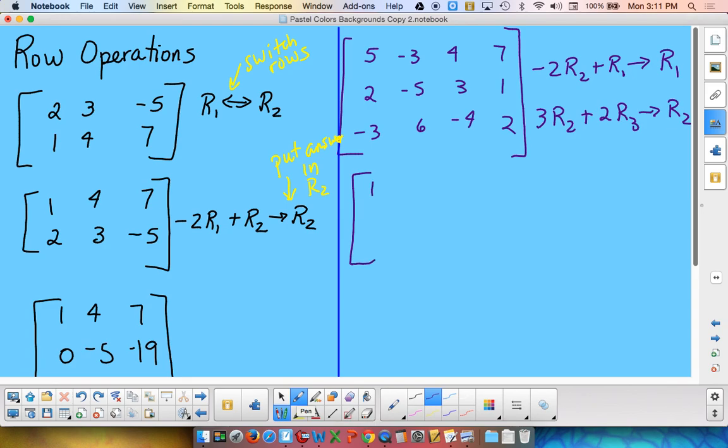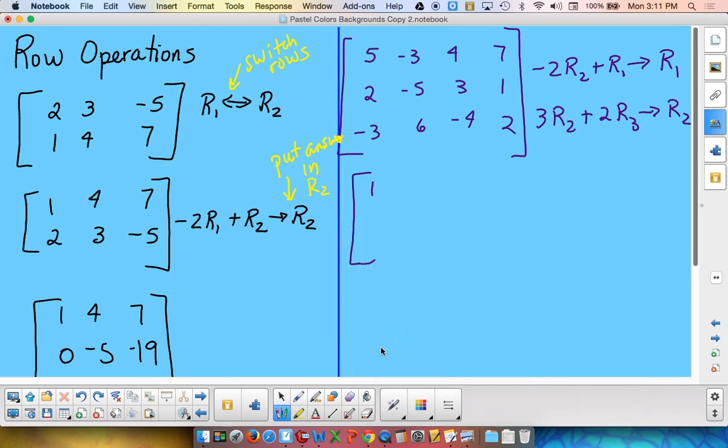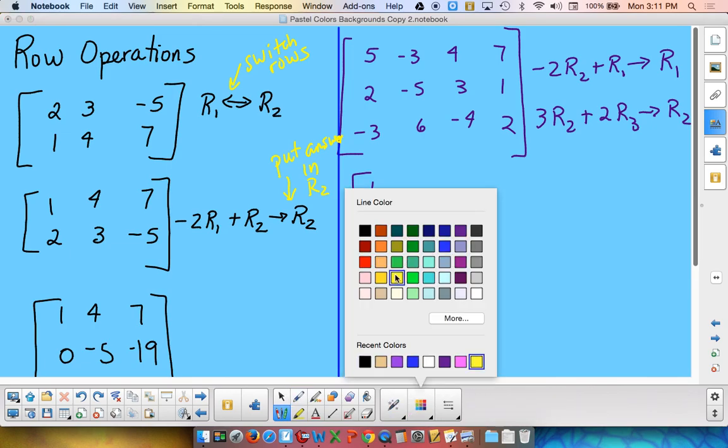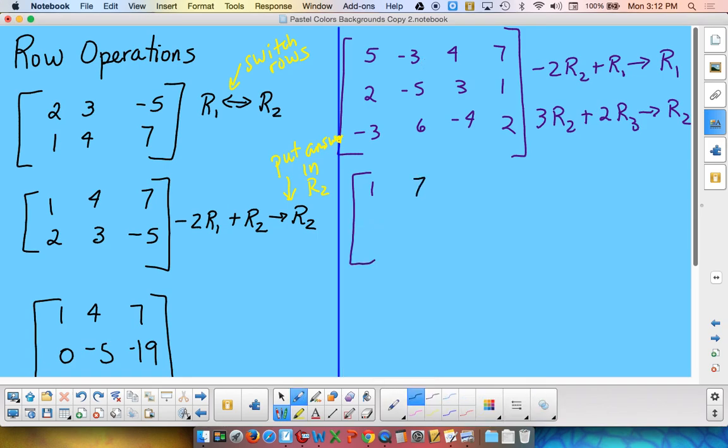Then it wants me to do that same thing each and every time: take row 2 times -2 and add it to row 1. That's going to give me positive 10 plus -3 is 7. And so then that number becomes a 7.